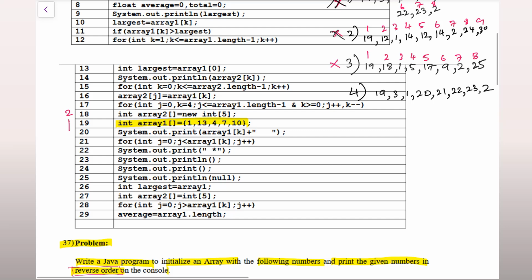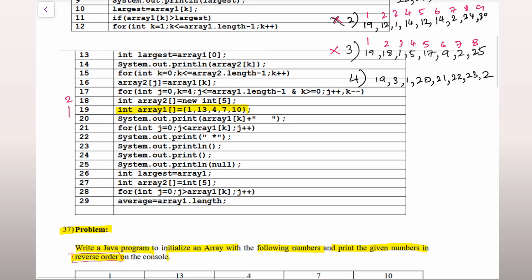And then lastly it's 2. Okay, let's label this guy. 1, 2, 3, 4, 5, 6, 7, 8. All right, so let's go through this again.